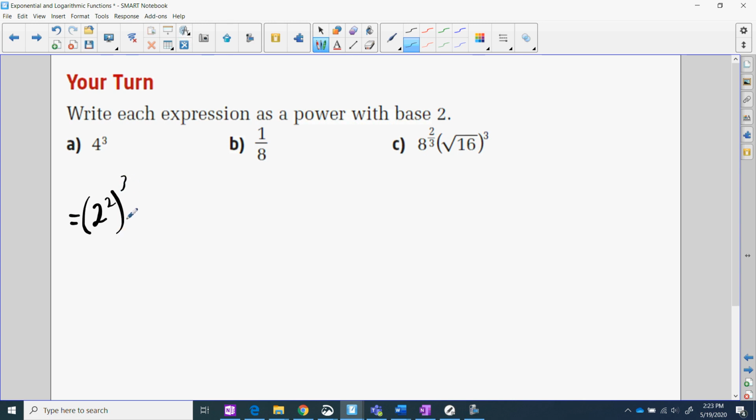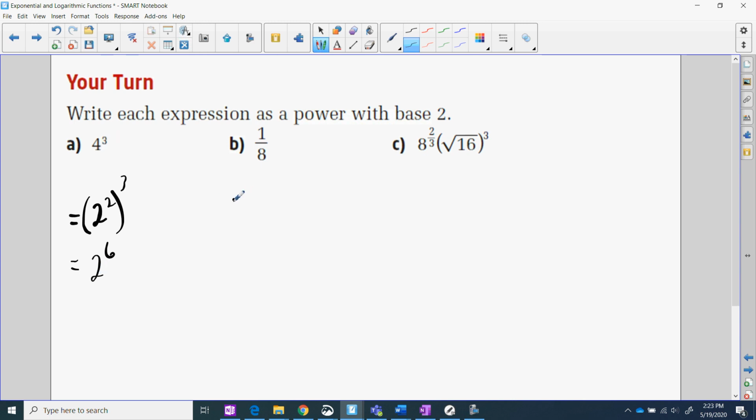And now you have to remember your laws of exponents. If you have an exponent raised to another exponent, we refer to that as the power law. This would be 3 multiplied by 2, 2 to the power of 6. So 4 cubed is 64. 4 times 4 times 4, 2 to the 6 is equivalent to 4 to the third. It is also 64.